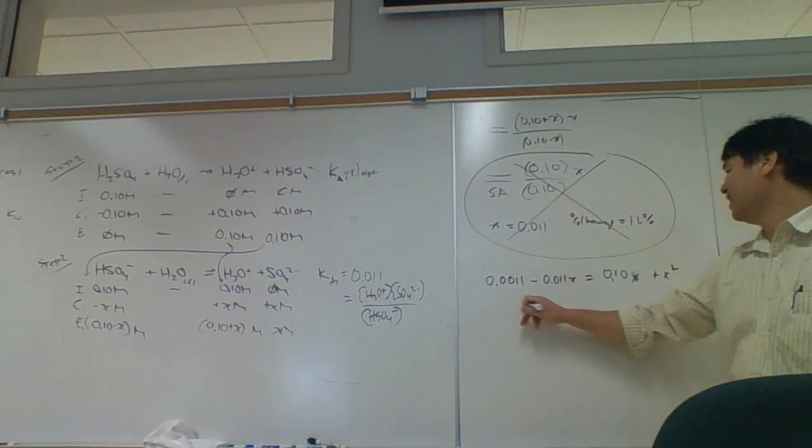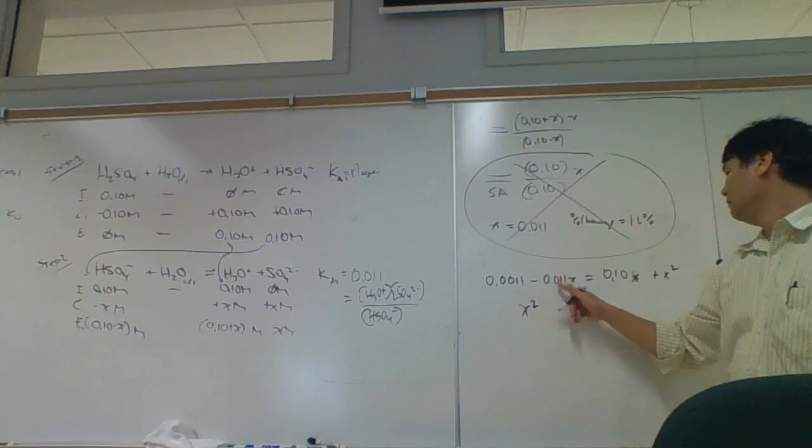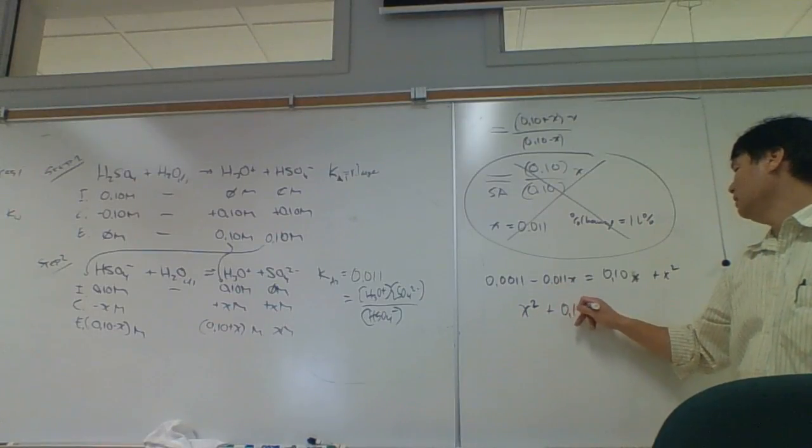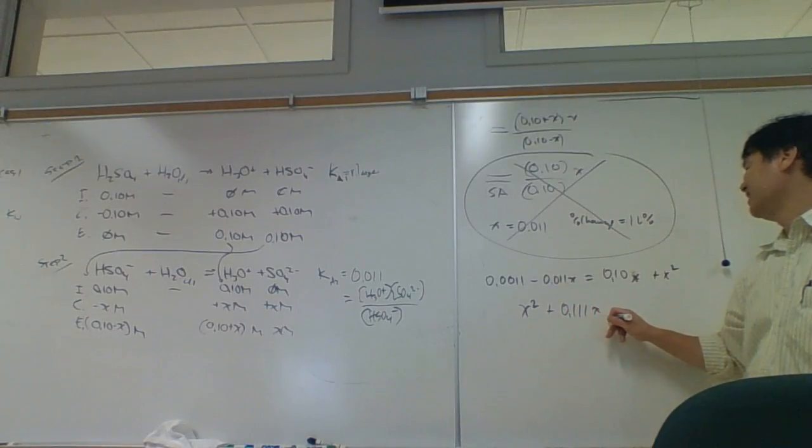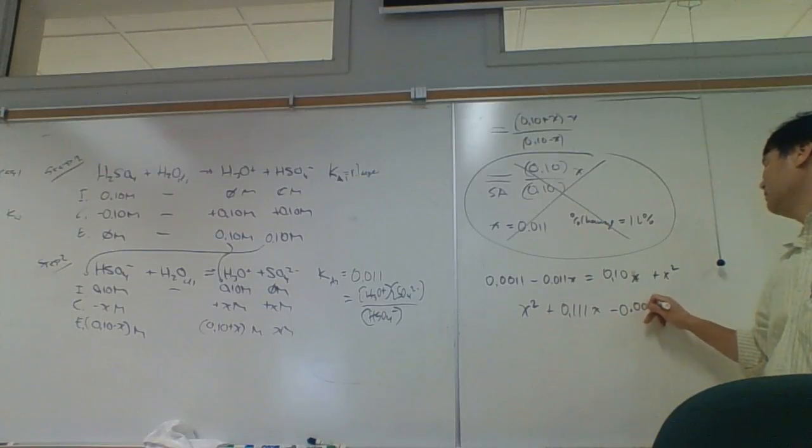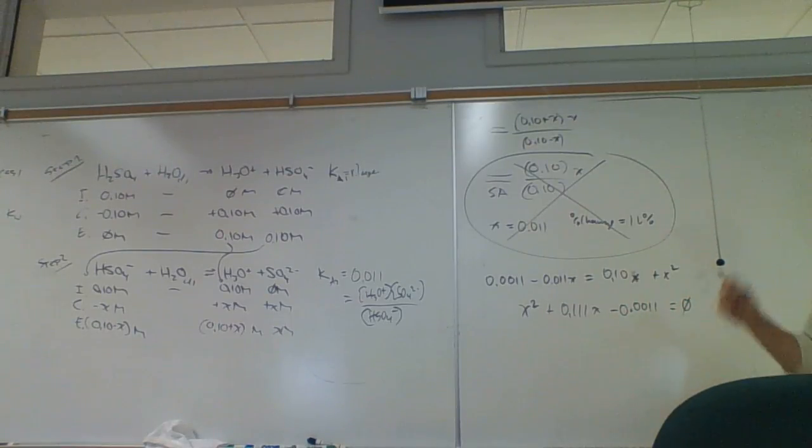All right, so let's combine the terms here. So I'll get x squared plus 0.111x minus 0.0011 is equal to 0. All right, does somebody have a calculator? They can just punch in the A, the B, the C here.